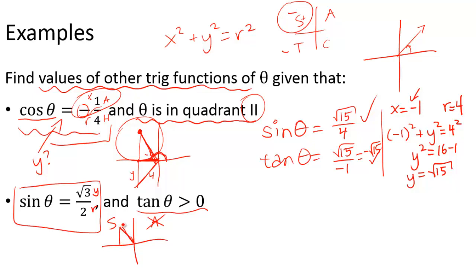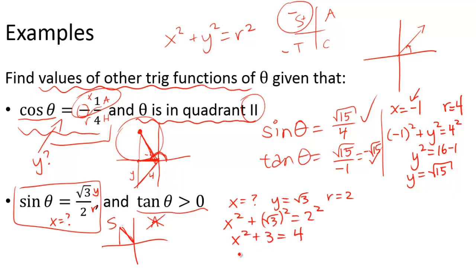Now we know the sine ratio relates the y to the r, so that's our y value over our r value, and we don't know what x is. So since we don't know x, but we know y, and we know r, we can find x. So that's x squared plus √3 squared equals 2 squared. So that's x squared plus 3 will equal 4, implying that x is 1.